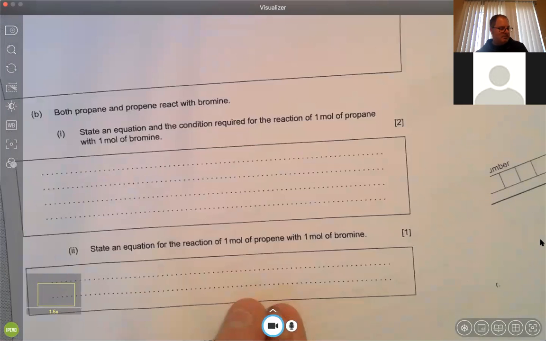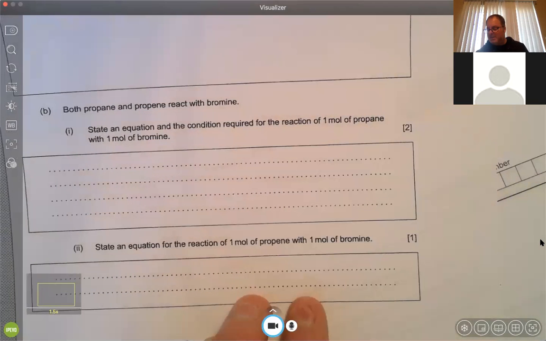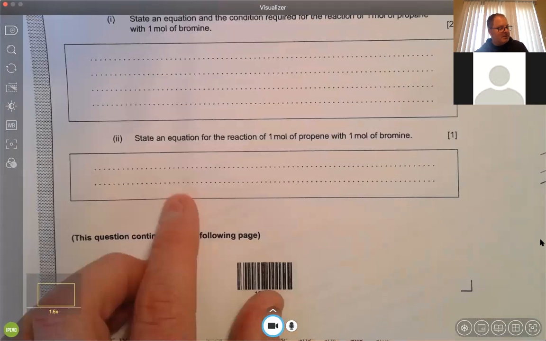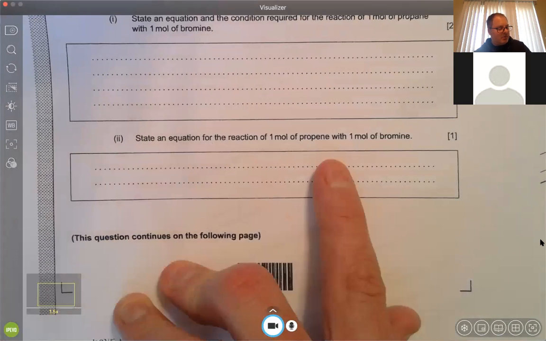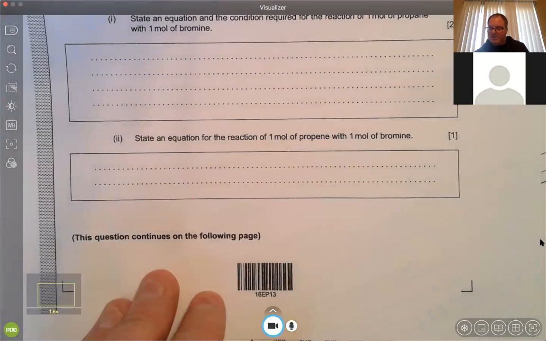So again, if it's propane, what do we need on top? We need the UV light. And what are the 2 products? Hydrogen bromide and then the one, yeah, 1-bromopropane. So if we take a look at the equation for the reaction of 1 mole of propene with 1 mole of bromine, instead of using the Br2 and the UV light, you would just use the Br2.